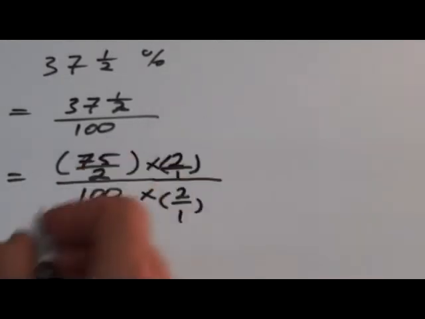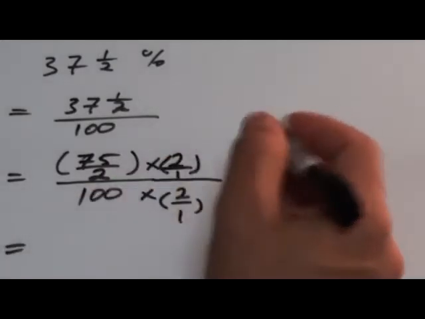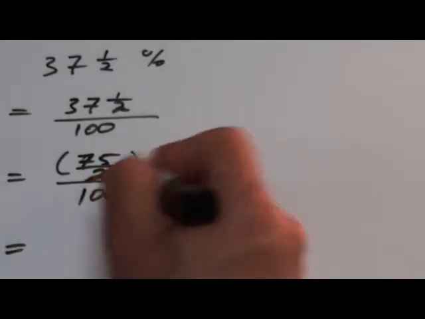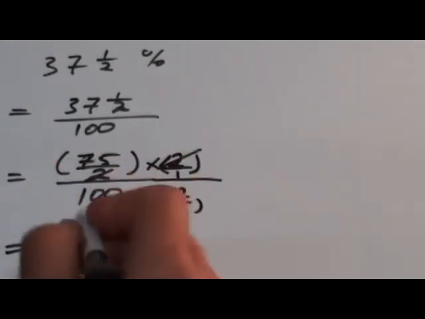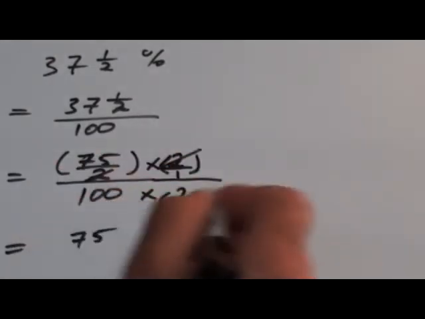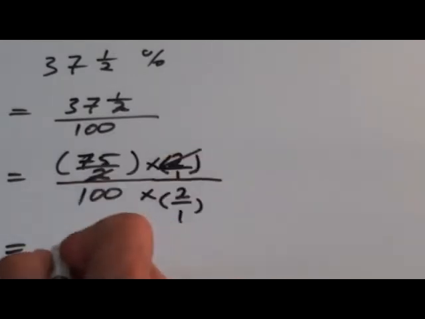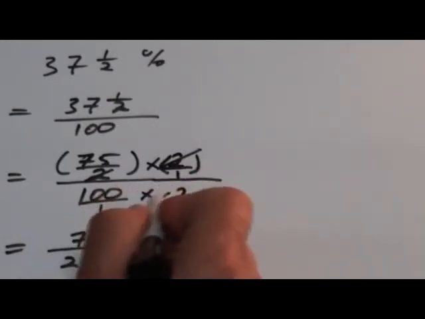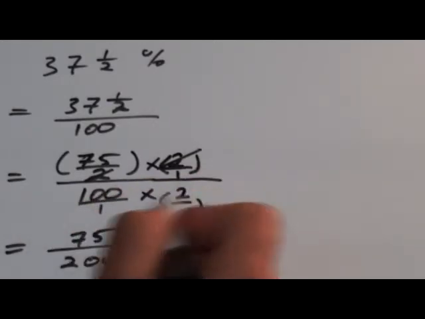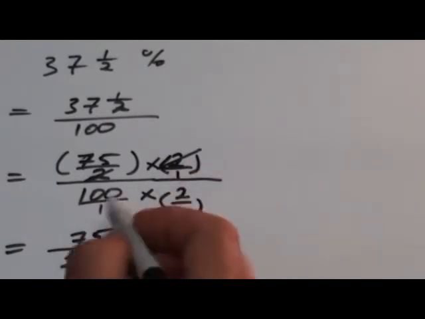Now, let's keep going. Let's simplify the top. This means that this 2 will cancel with that. So that means on top now, we've got 75, and everything else is 1, and all of that is divided by 200. Because that's 100 over 1 times 2 over 1. 100 times 2 is 200, and 1 on the bottom.